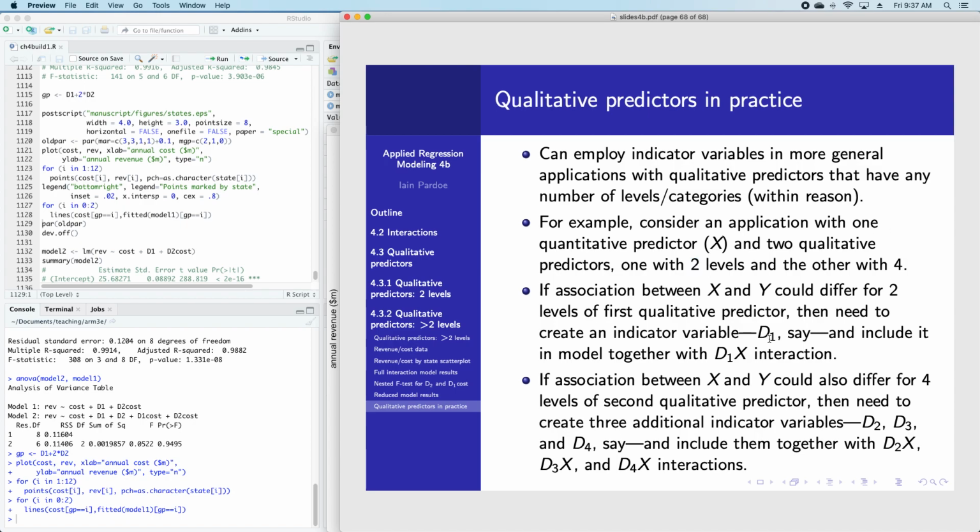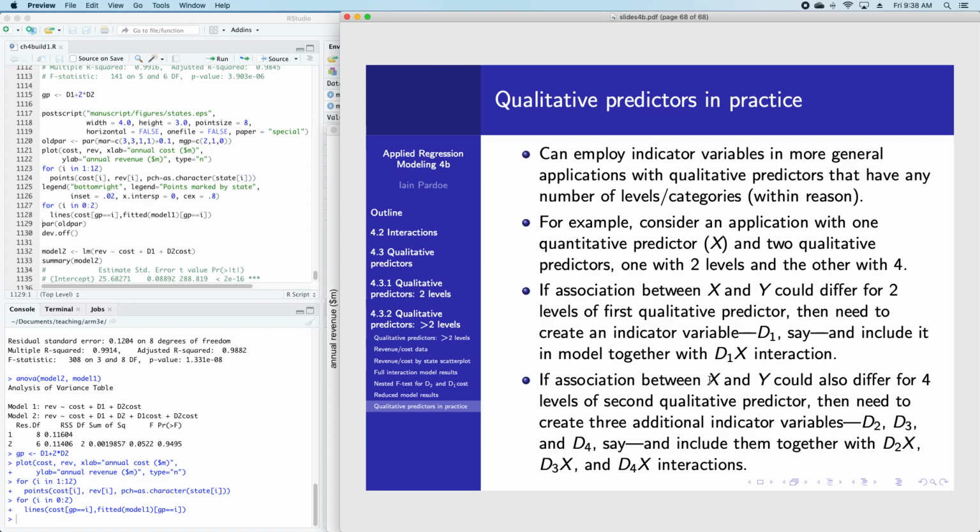So if we believe, or we have evidence, that the association between a quantitative predictor X and the response variable Y could differ for those 2 levels of the first qualitative predictor, then we would need an indicator variable to model that difference between the 2 levels, and we might also want to include a D1X interaction as well.